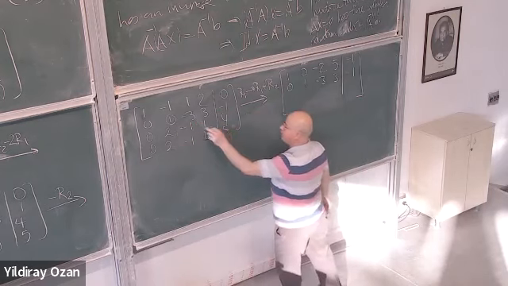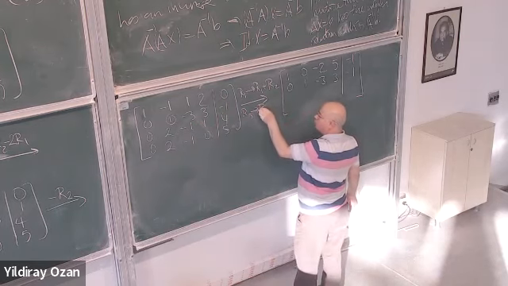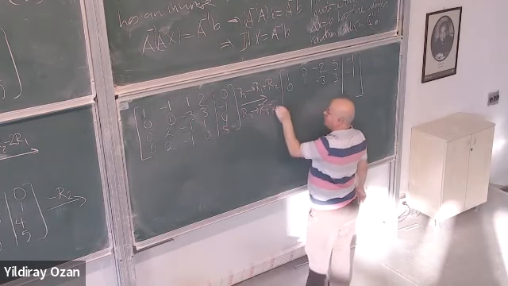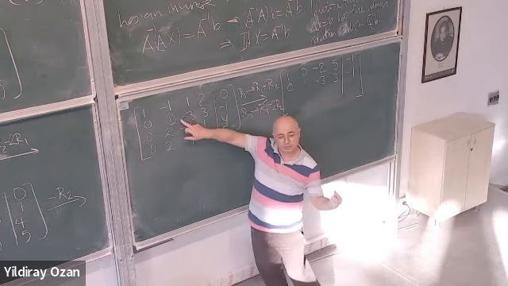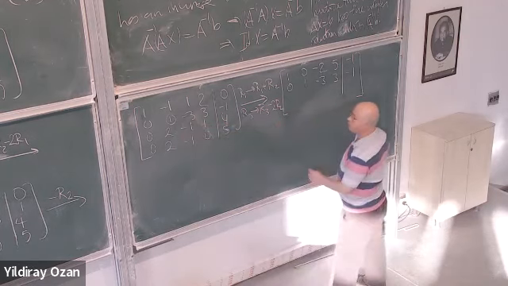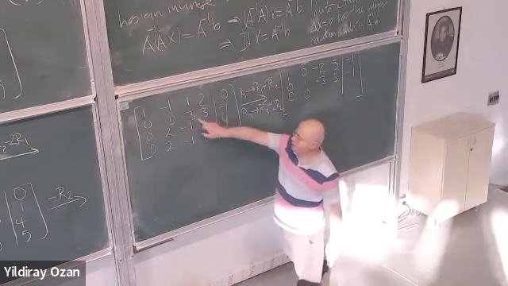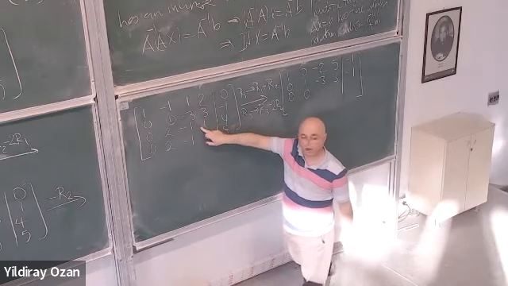I can replace the third row with which one? Third row minus 2 times the second row, right? So multiply this with minus 2 and add to this one. So what will you get? 0, 0, multiplying by minus 2 and adding, plus 6, plus 5.